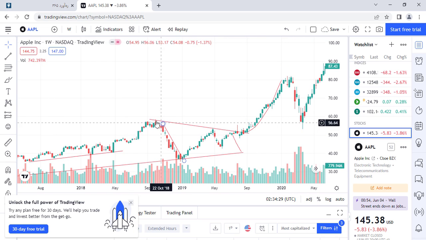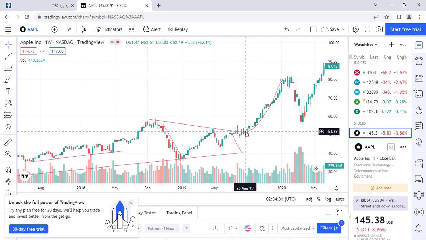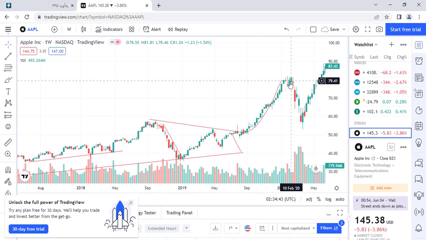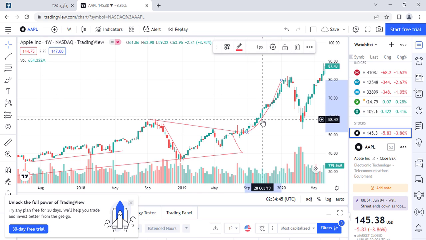After the trend line break, they have realized that the price will have an increasing movement, and they've started to buy, and they have increased the price.